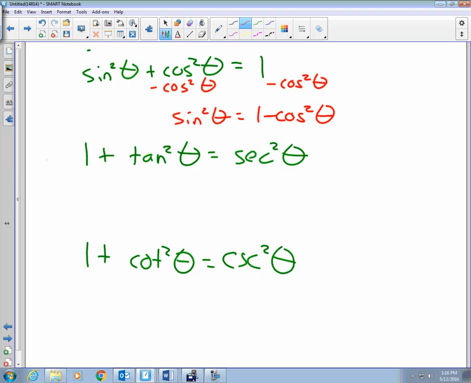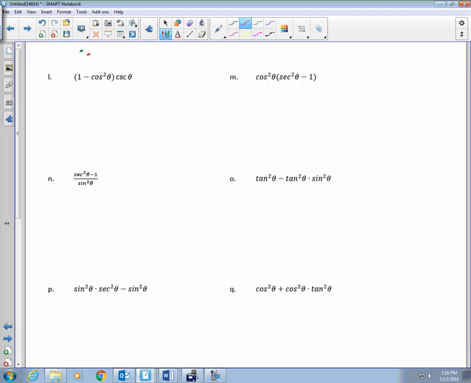So the first step to reducing this trigonometric expression is to substitute sine squared instead of 1 minus cosine squared. We multiply that by cosecant. Now this is much more similar to what we covered in the previous days.